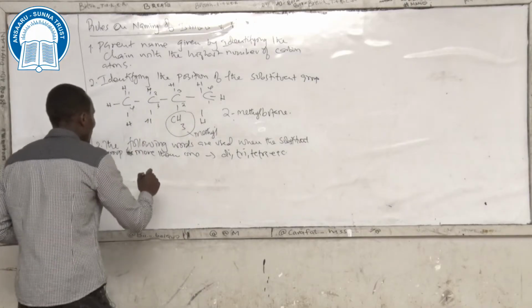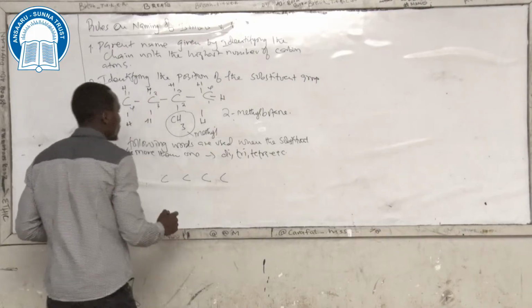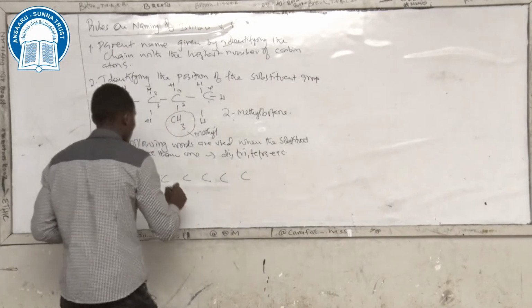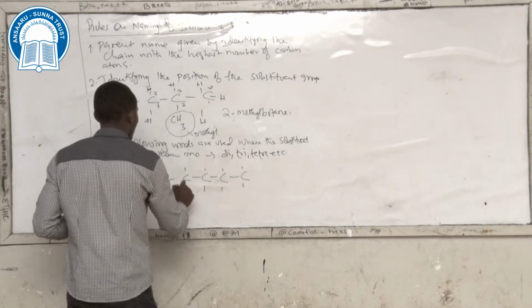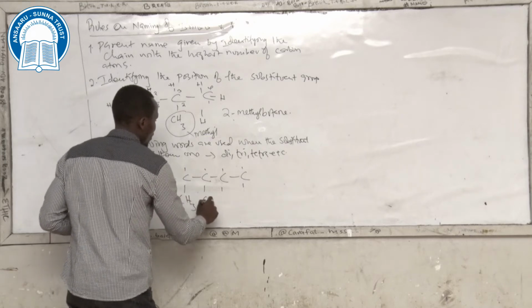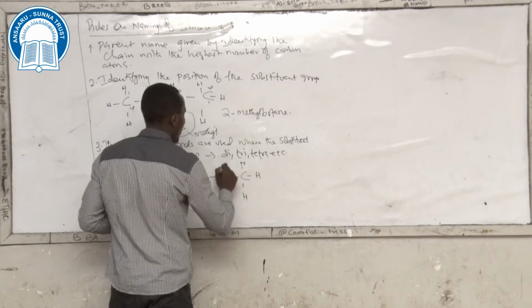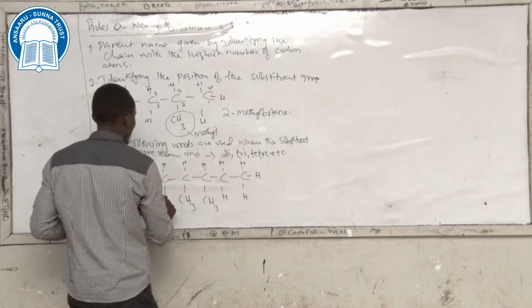For example, we might have carbons 1, 2, 3, 4, 5, with CH3 and CH3 and hydrogens on the rest.